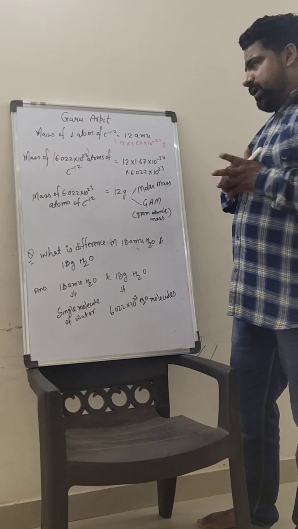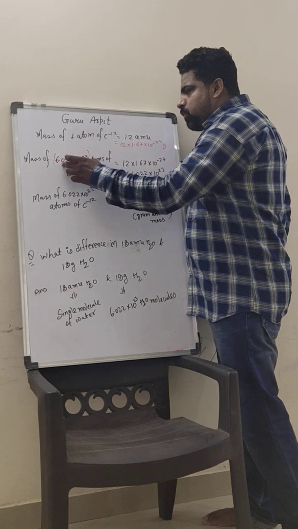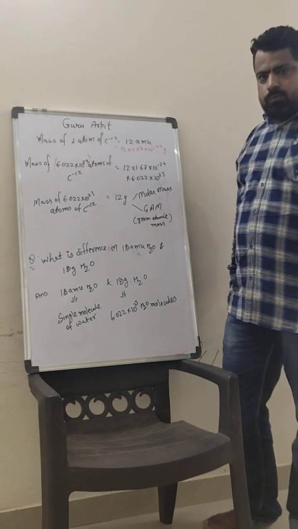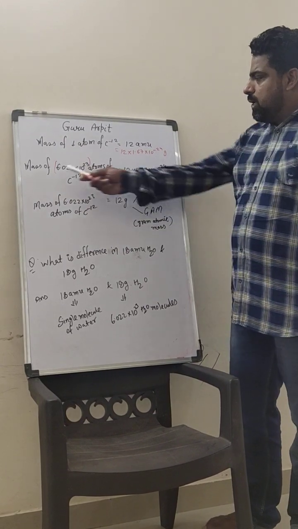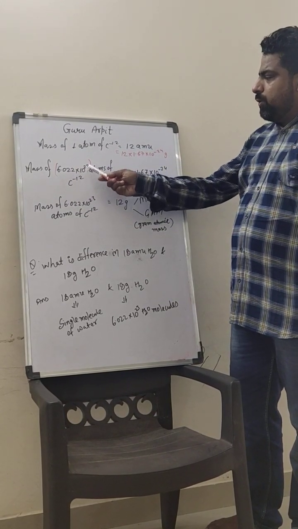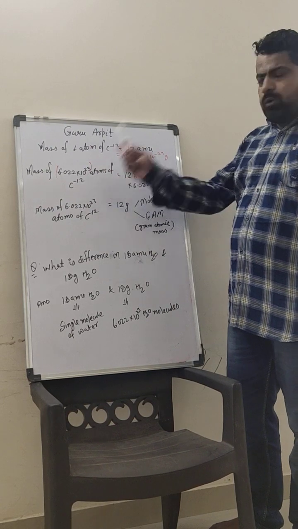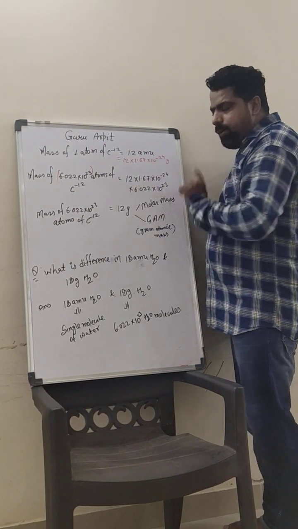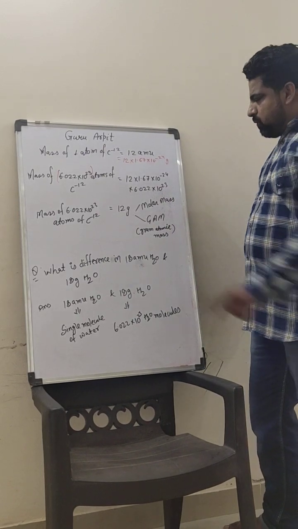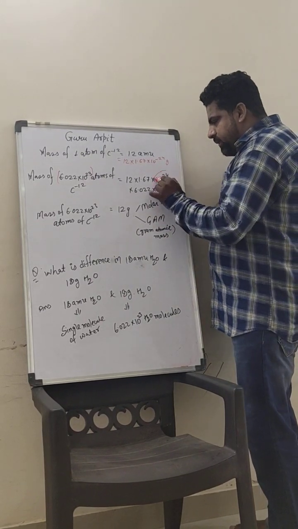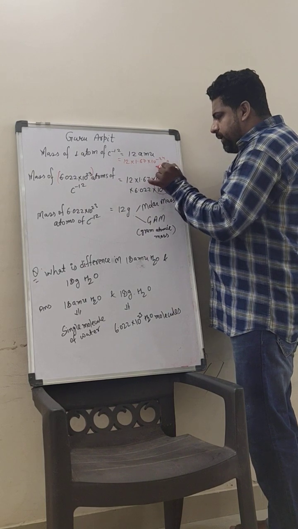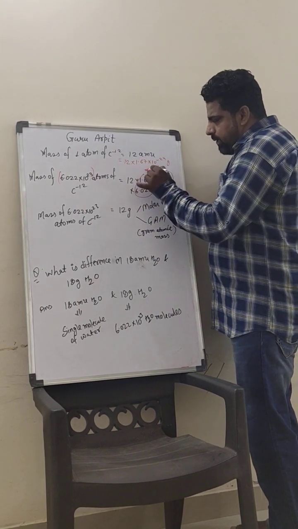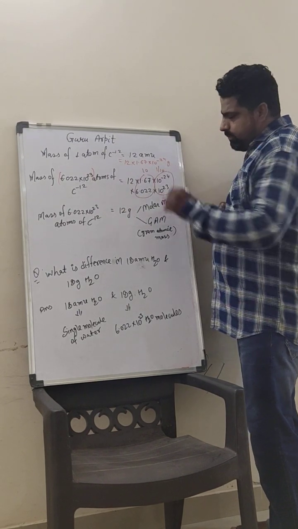So suppose we have 6.022 into 10 to the power 23 carbon atoms. What will be the mass of 6.022 into 10 to the power 23 atoms of carbon 12? We multiply 12 AMU by the mole number, or the Avogadro number. When you multiply, the powers give 1 by 10 and this number gives nearly 10.